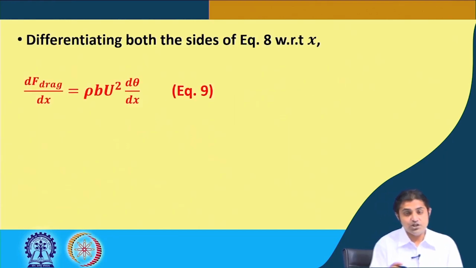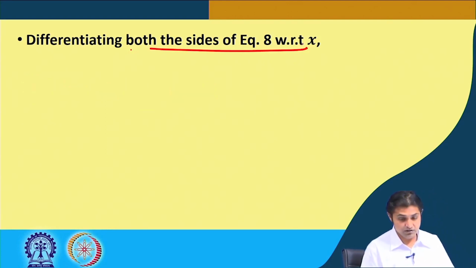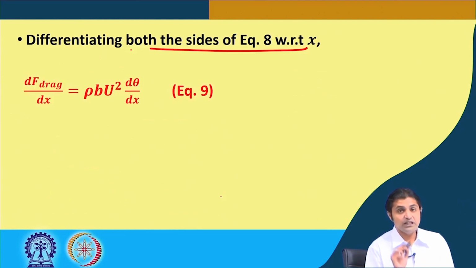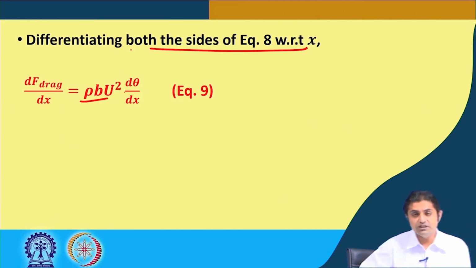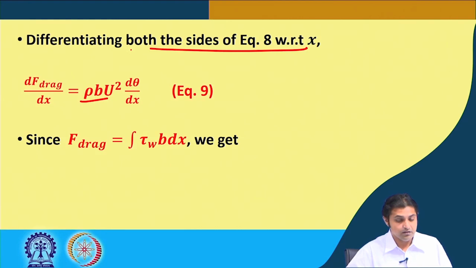If we differentiate both sides of this equation, equation number 8, with respect to x, we get dF drag by dx is equal to simply rho b U square, other things are constant, d theta dx, right, and we can write this as equation number 9.